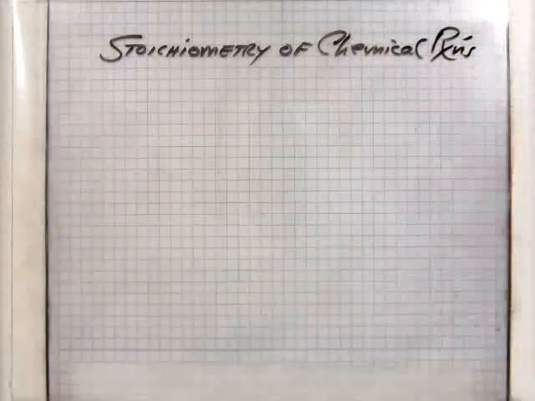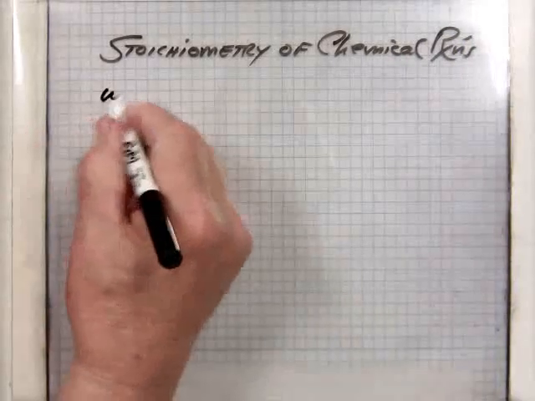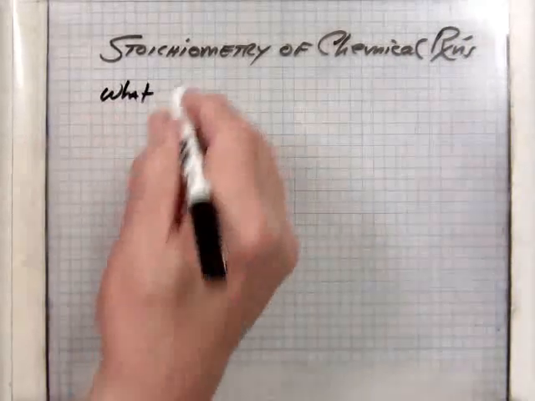So we begin with the stoichiometry of chemical equations, and the central question is, what can be calculated from a chemical equation?